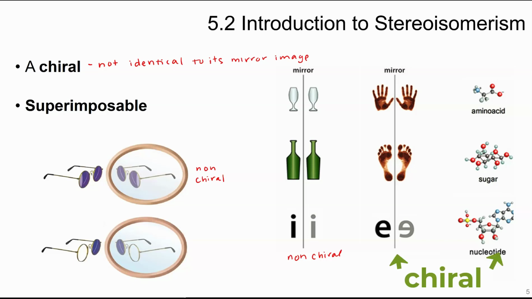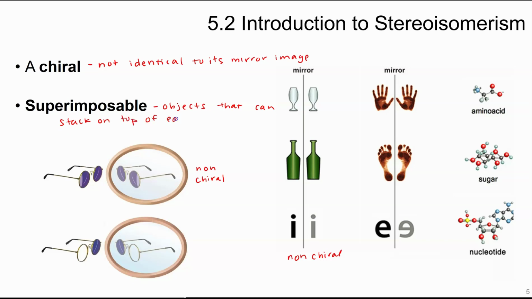So something that is superimposable, these are objects that can stack on top of each other, or they're identical. These sunglasses, you can stack the mirror image of it on top of itself, and it would be identical, so that is superimposable. But these ones here, if you take the mirror image of these sunglasses and you flip them over, you would have one of the sunglasses here.